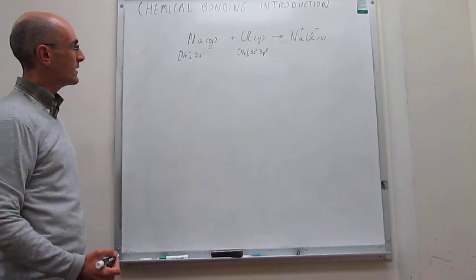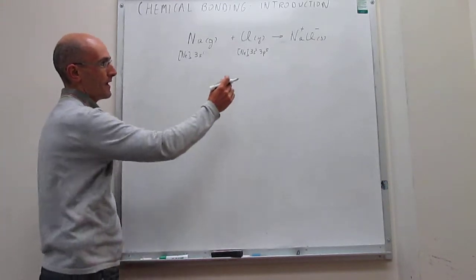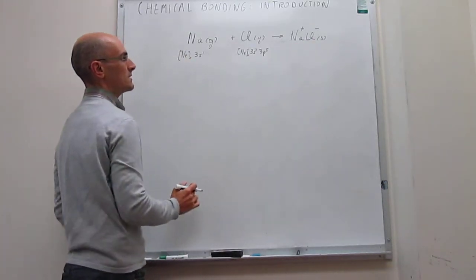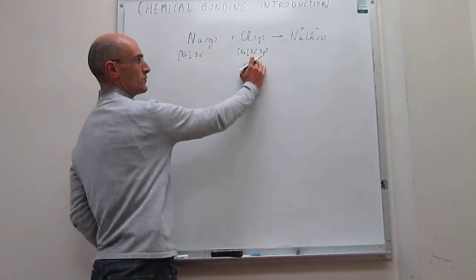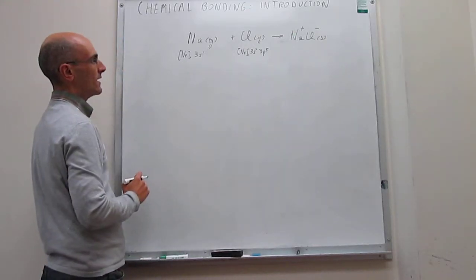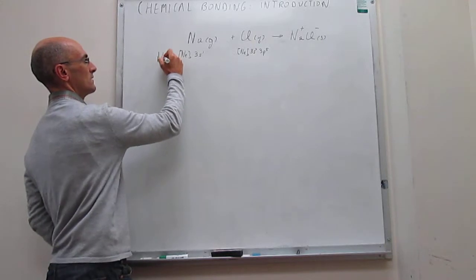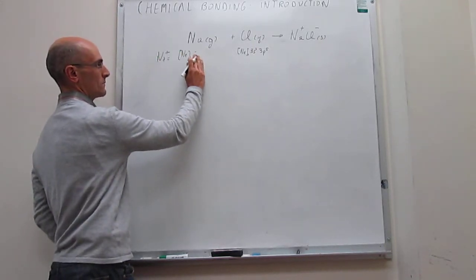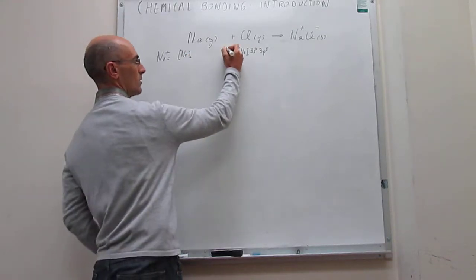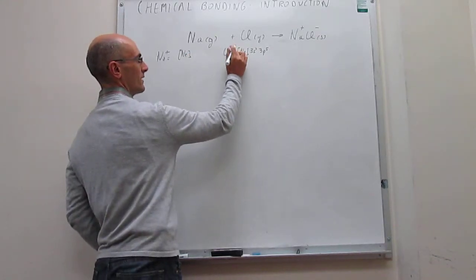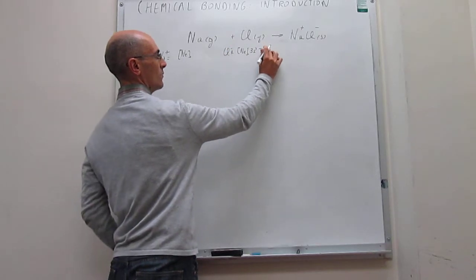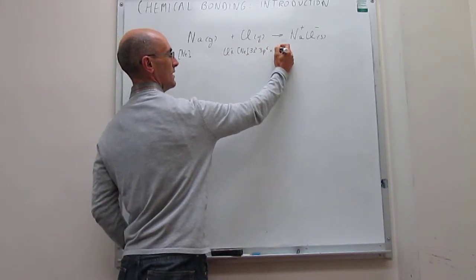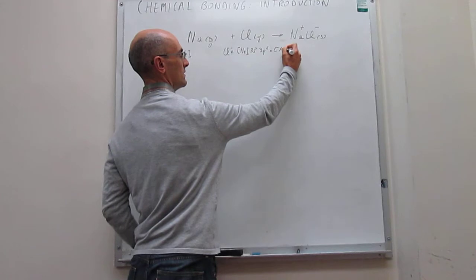What is interesting about that ionic structure here is that when you look at the electronic configurations of the neutral atoms, notice that you can generate a sodium plus ion by simply removing one electron, which will be this one. And you can generate a chloride minus ion by adding one electron, which will generate this electronic configuration, and that's the same as argon.